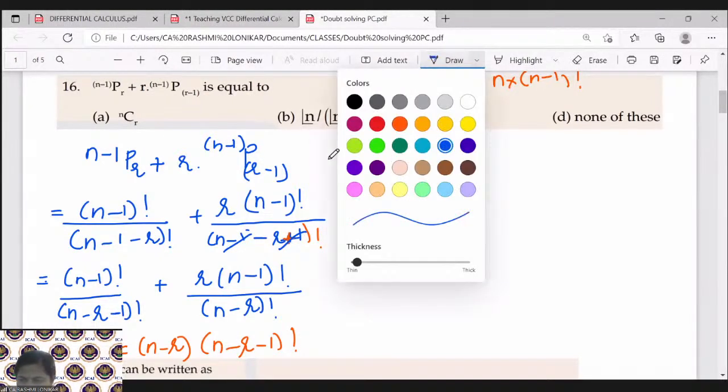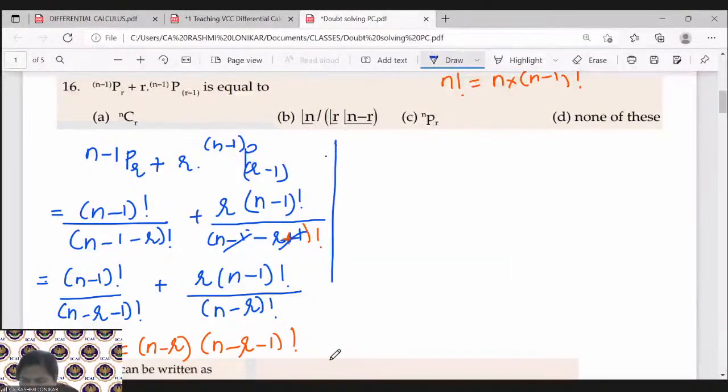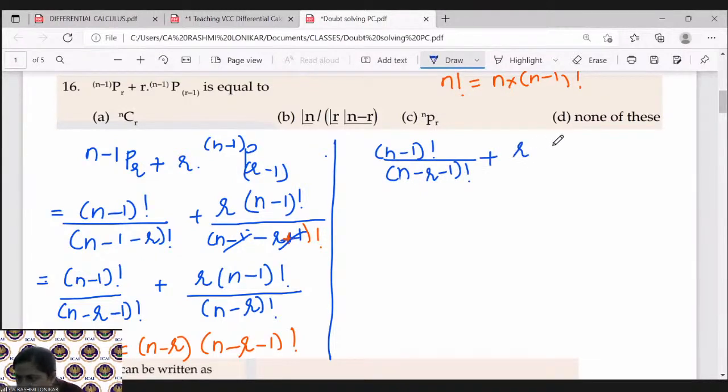Okay. So here first term n minus 1 factorial upon n minus R minus 1 factorial plus R into n minus 1 factorial upon, instead of n minus R factorial, I am going to write this way. This is equal to n minus R into n minus R minus 1 factorial. Okay.